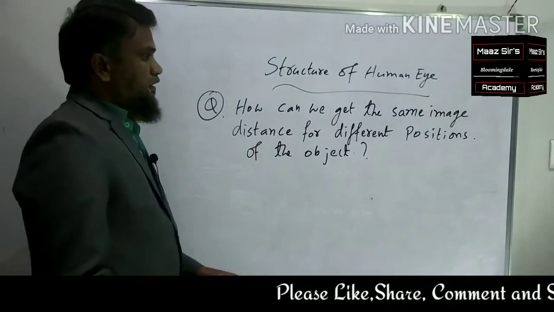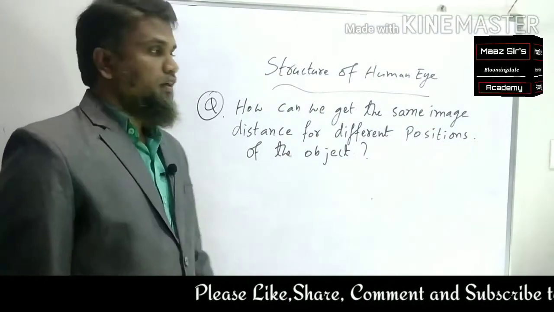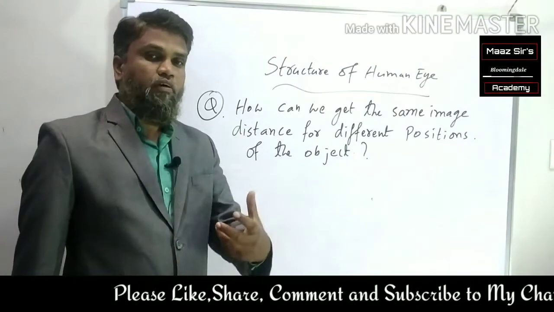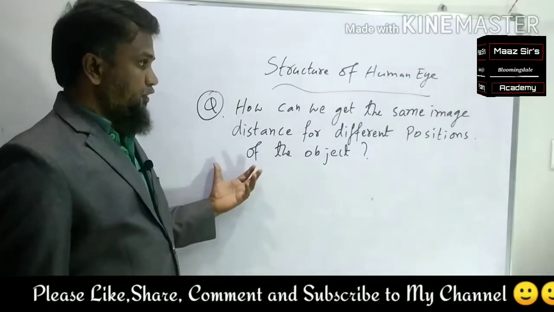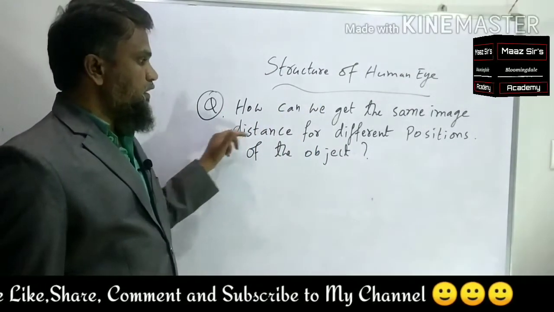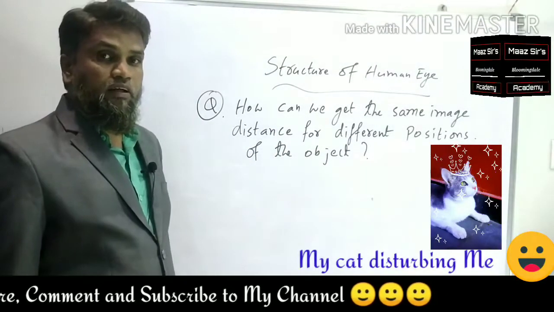So as I have explained in the first video, before starting the lesson, I asked some questions. What type of lens is present inside the eye? And I asked this question also. How can we get the same image distance for different positions of the object?